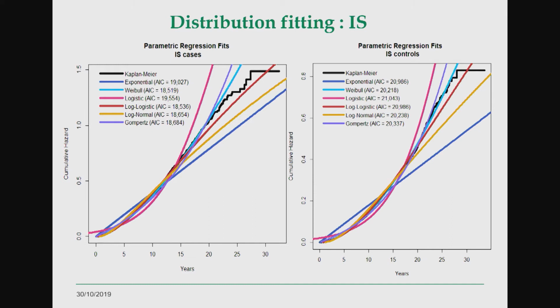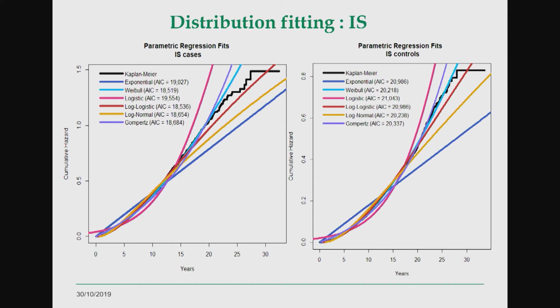Then to circumvent this problem of the non-proportional hazard assumption, we decided to take a parametric approach. First of all, I split my data into the cases and the controls, and I applied different parametric survival distributions. The black one is the Kaplan-Meier one, and you would see the blue line is very close to it, fitting nicely in the cases as well as in the controls.